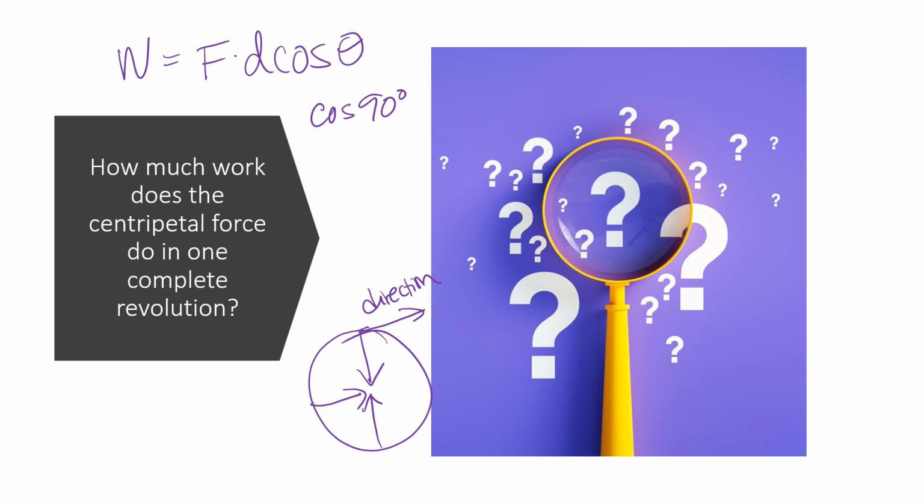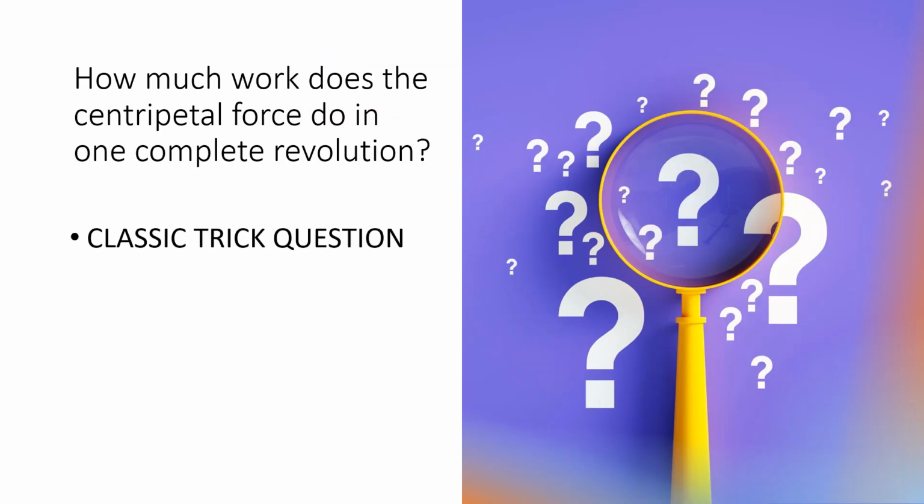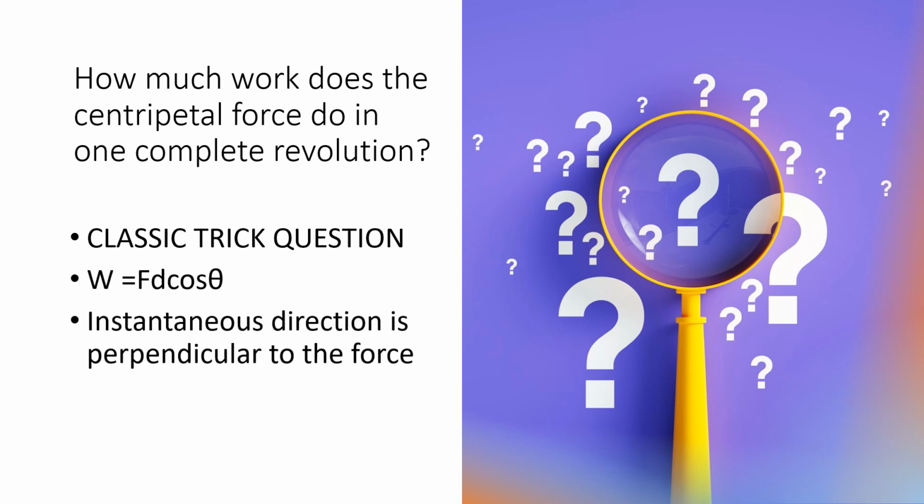So classic trick question here. Because we know that the instantaneous direction is perpendicular to the force, we know that theta is 90 degrees. If theta is 90 degrees, cosine of 90 is 0, which means no work is done. So if it asks you how much work does the centripetal force do in one complete revolution, the answer is 0. It does 0 work, no work whatsoever.